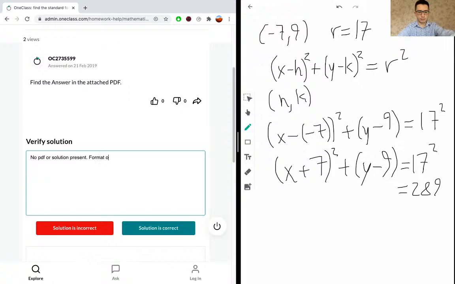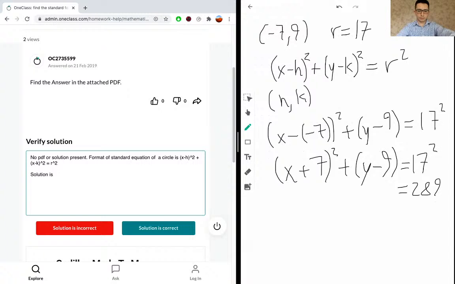The format of the standard equation of a circle is (x minus h) squared plus (y minus k) squared equals r squared.